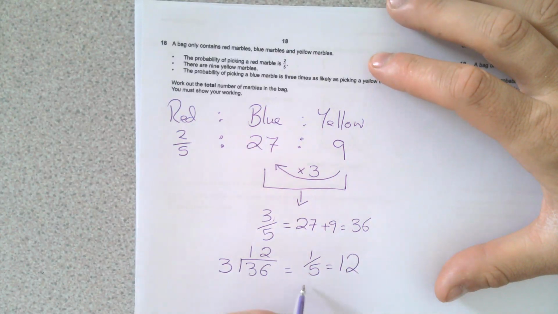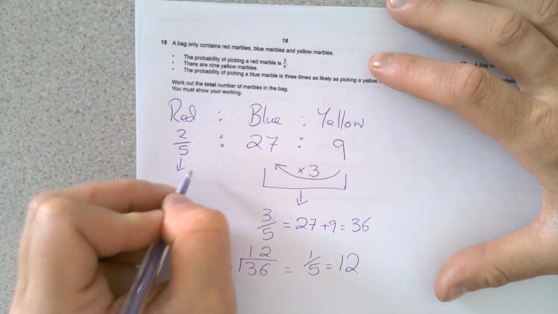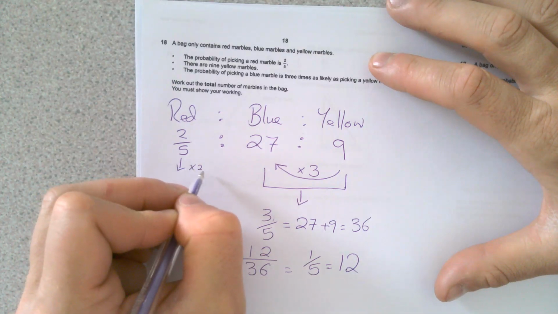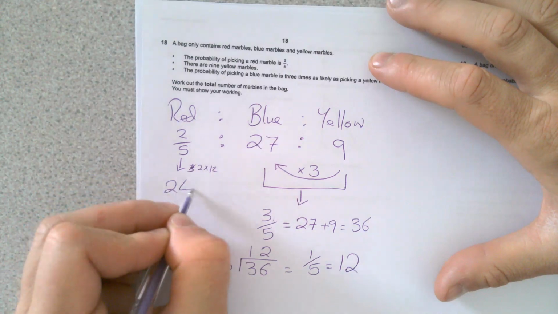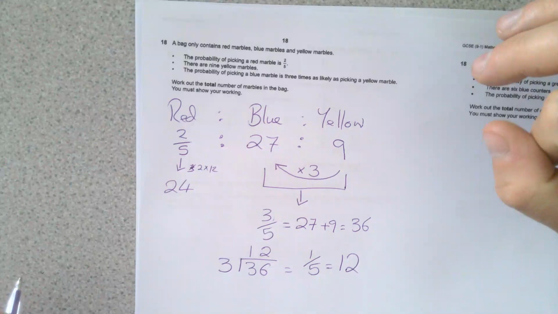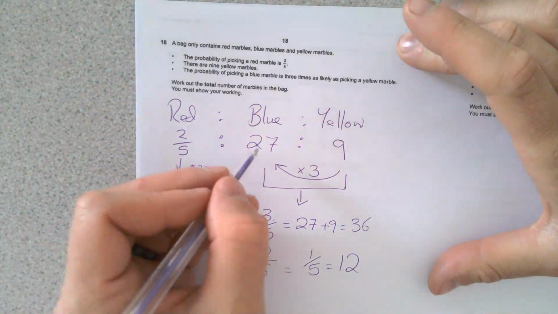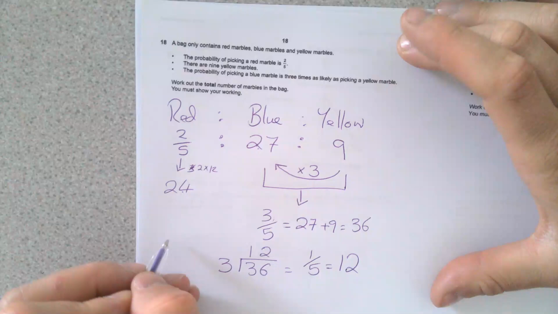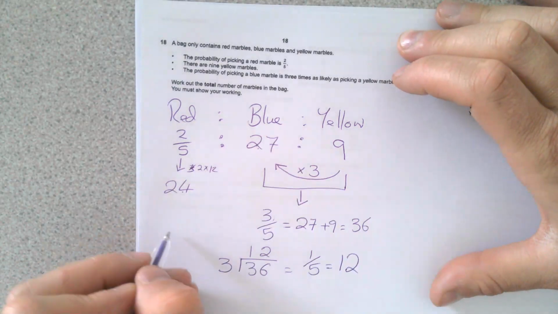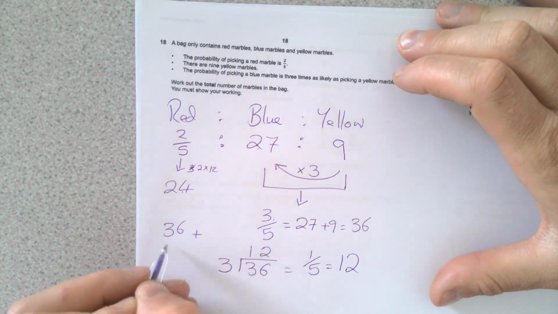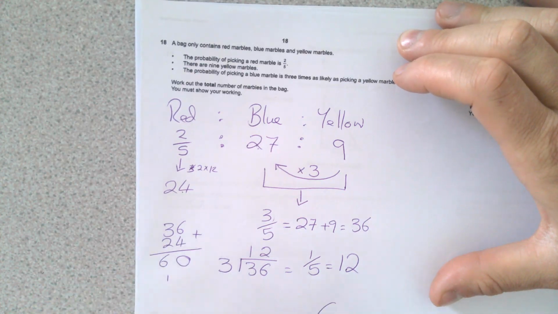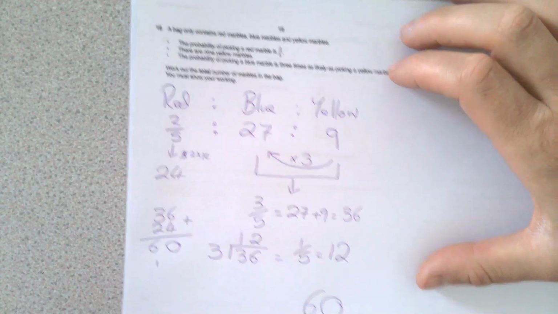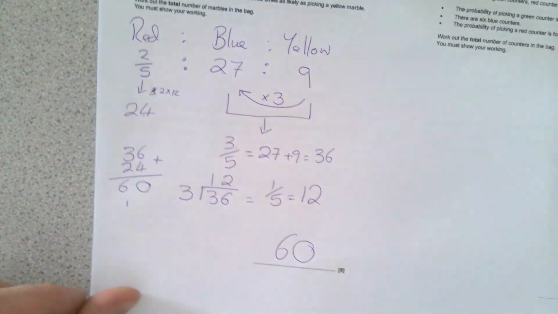So then 2 fifths is equal to 2 lots of 12, which is 24. So in total, I'm going to add these up. I've got my 36 over here, I'm going to add on the extra 24. So there are 60 in total.